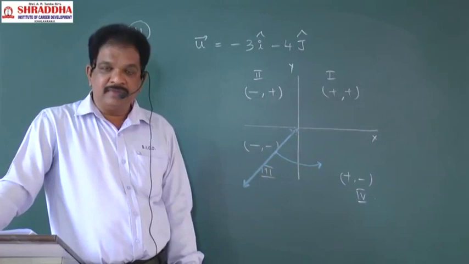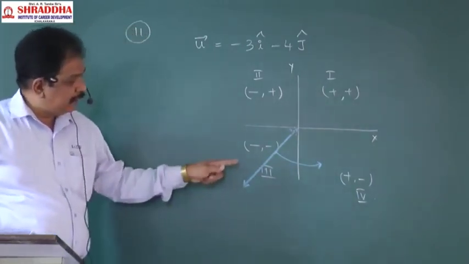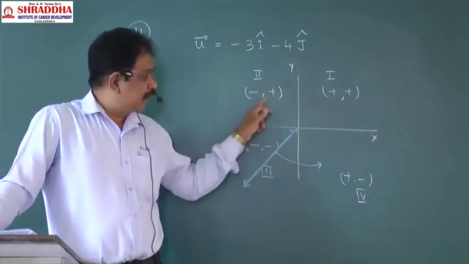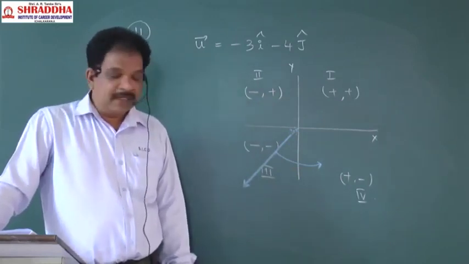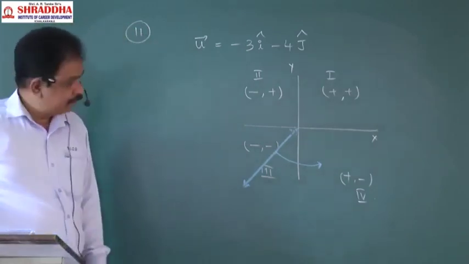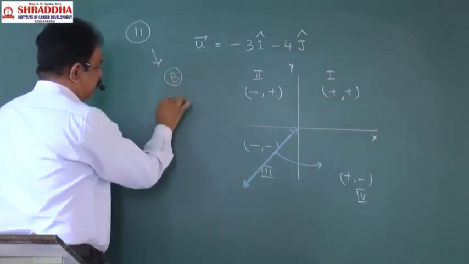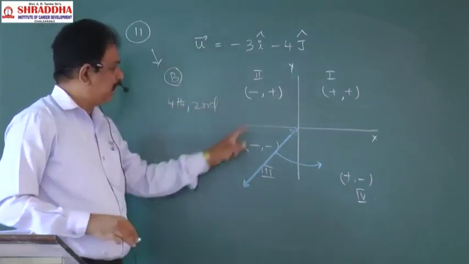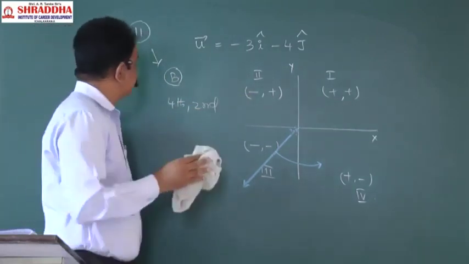For the 11th, it will be the second option, B. First anti-clockwise means fourth. Next clockwise means second. That is about the 11th.